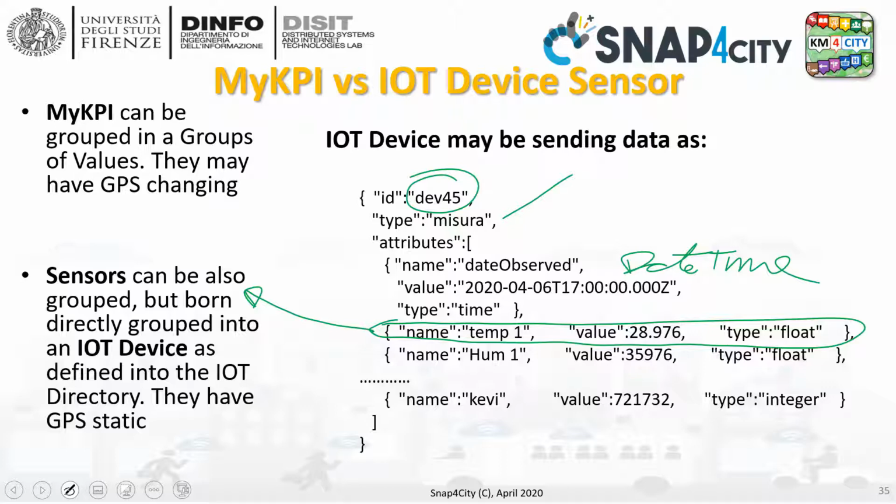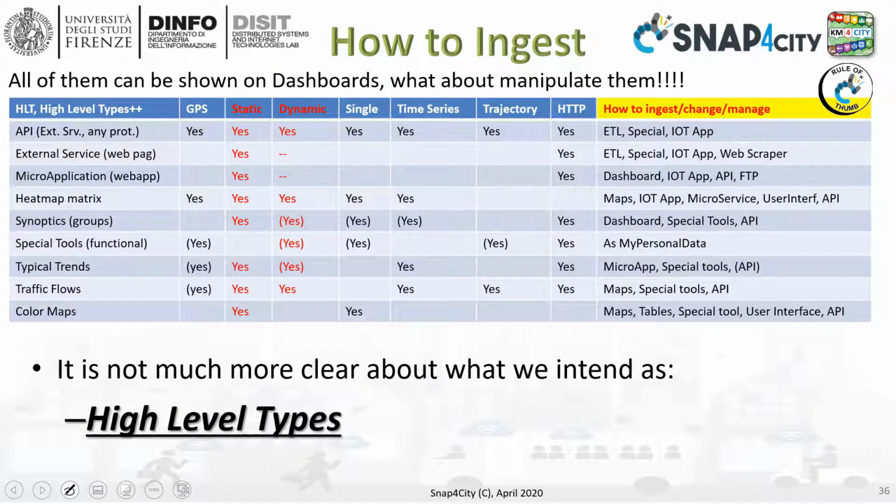So it's possible to have multiple measures changing in time. In these slides, you see the classification of how you can ingest the most available high-level types, not only the sensors.